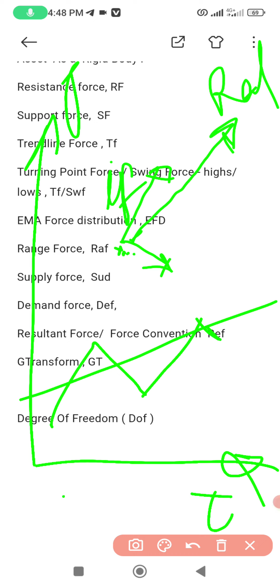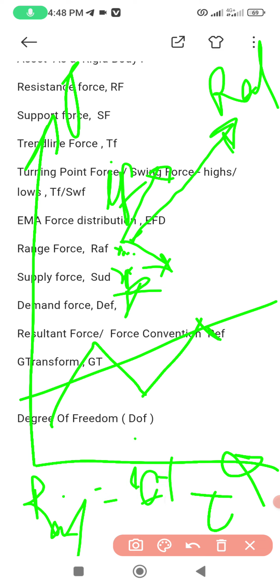So what I'm trying to say here, this is IF and this is retracement force. There are a lot of forces here, and I didn't mention all of them. But because of this conversion, I brought in the impulse force and retracement force. Okay, so this is the resultant force. So the resultant force equals impulse force IF plus retracement force.